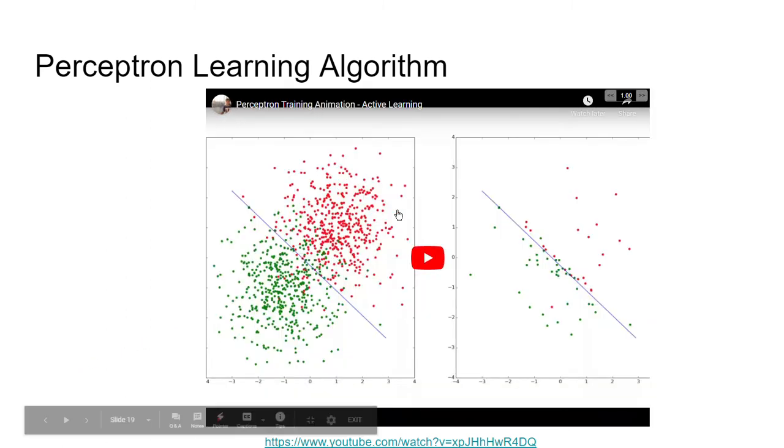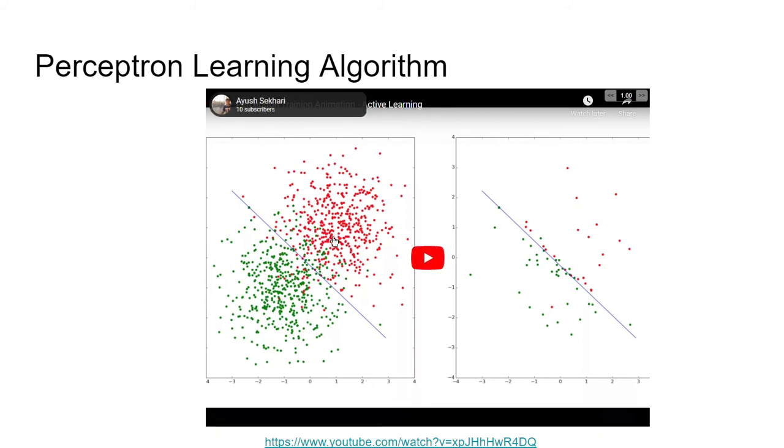Here's an example of running that. I've got a bunch of data with two features, on the x-axis and the y-axis. For the red dots, the network is supposed to output a 1. For the green dots, the network is supposed to output a 0.